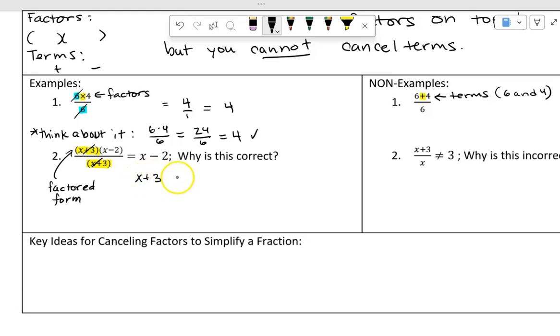X plus 3 is a matching factor on top and bottom. And I know that nothing is being multiplied to the x plus 3 on bottom, so you could think of it as like a 1 is out there being multiplied to it. Either way, you're allowed to cancel the entire x plus 3 with any factor that matches up top.